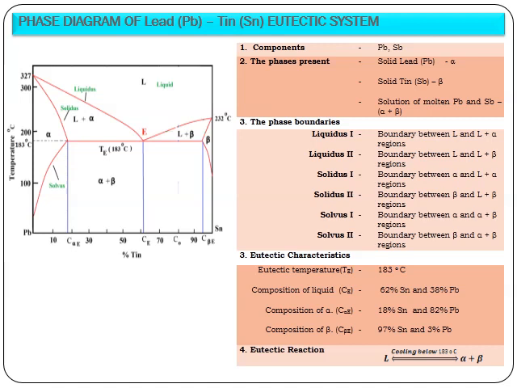In the solid phase at low temperatures, the number of phases present is two. One is lead, that is represented by the alpha phase. Next is tin, which is represented as the beta phase.